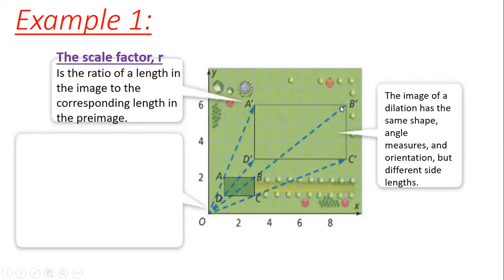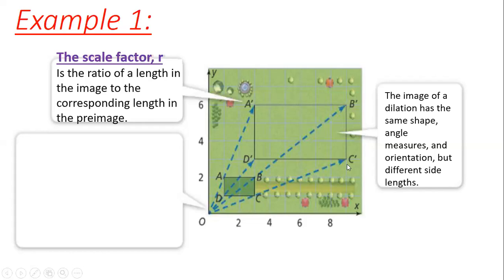A prime, B prime is the side of the image, so I'm going to compare it to the side of the pre-image. Which side? AB. No, don't say A and B. The side is AB. Clear? So A prime, B prime is the corresponding side for AB.